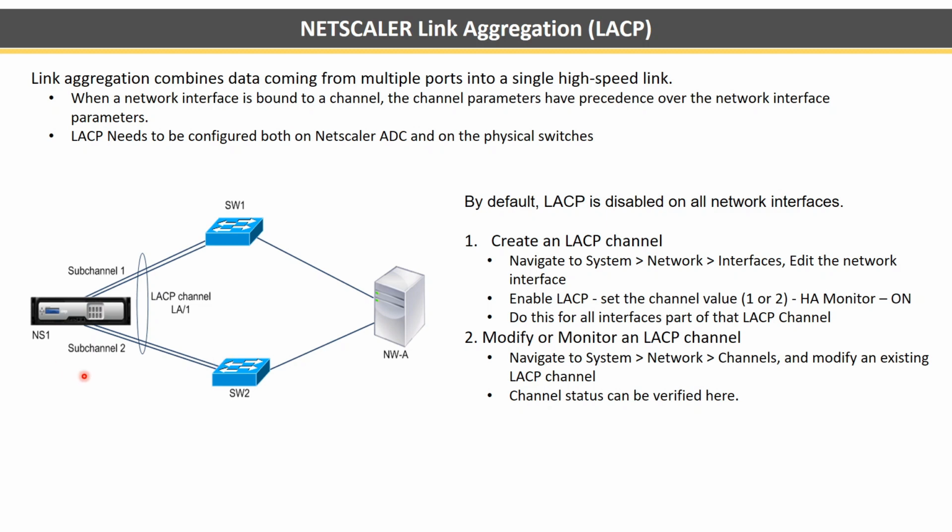But there are some customers who do LACP in a different way. Let's say I have a customer who has only one switch. They want to have more throughput than 1 gig. Let's say they don't have 10 gig switches, they have only 1 gig. Then what you will do is, you will not connect to different switches, because they have only one switch.